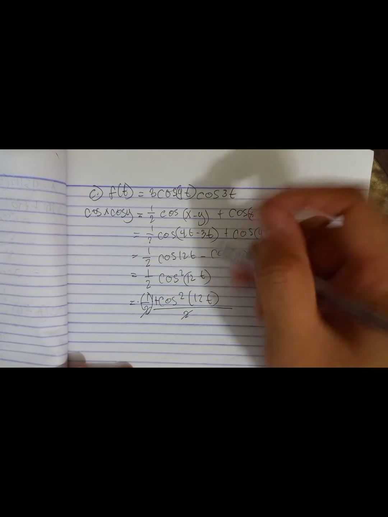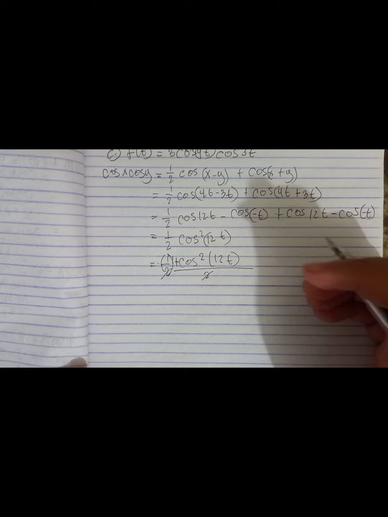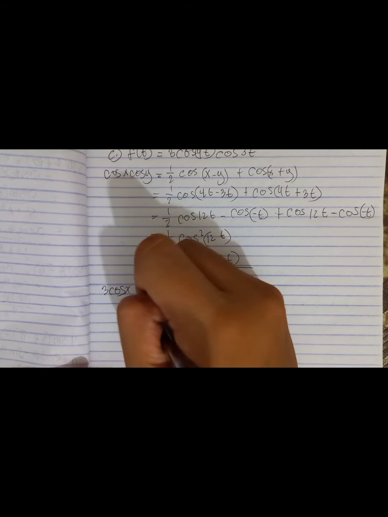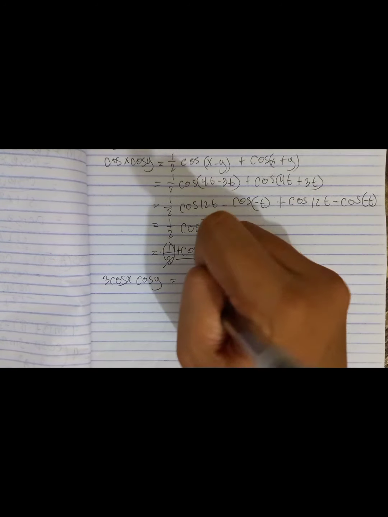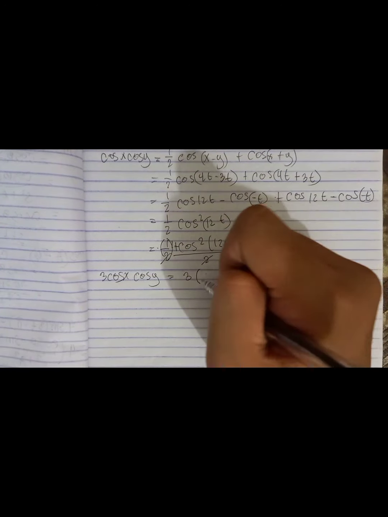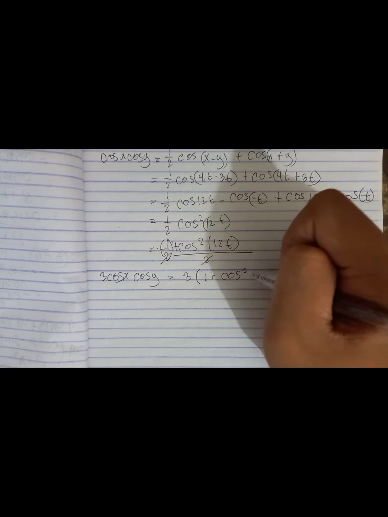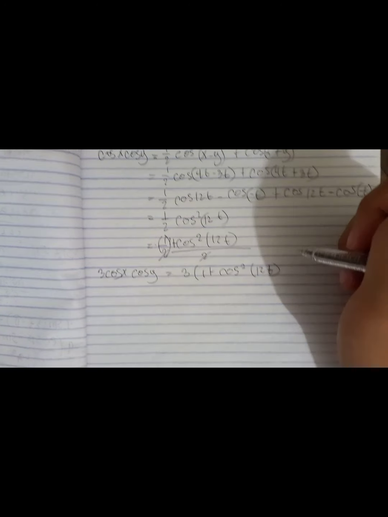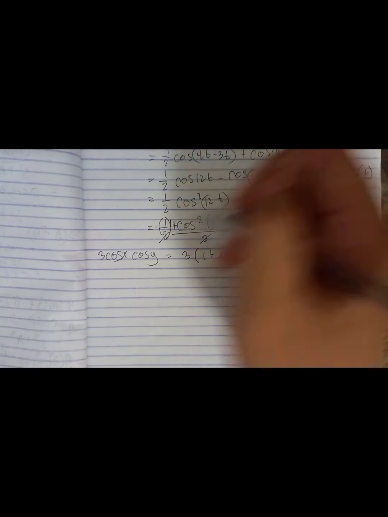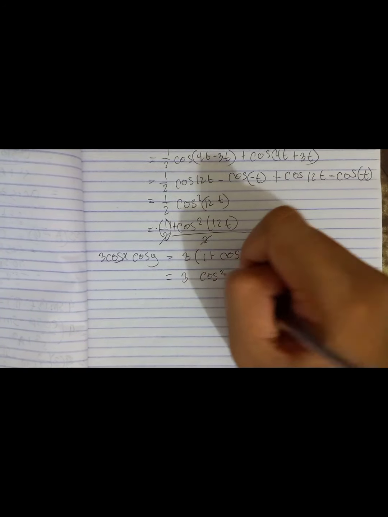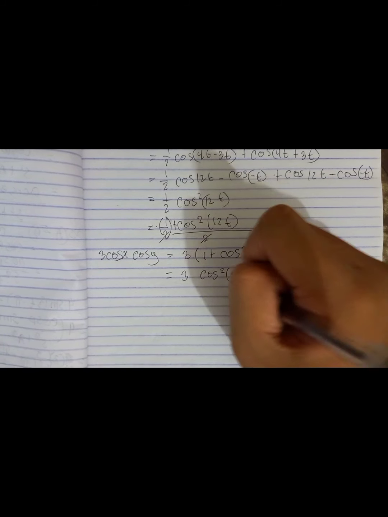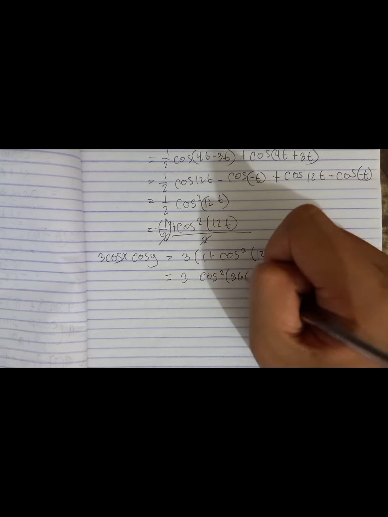So it will cancel. And we have 3 cosine of x, cosine of y equals 3 times 1 plus cosine 2 times cosine squared at 12t, equals 3 cosine squared. It will become 36t.